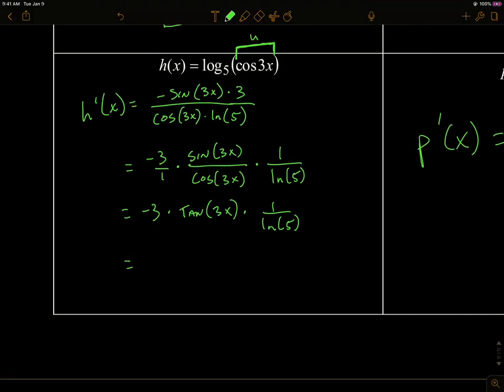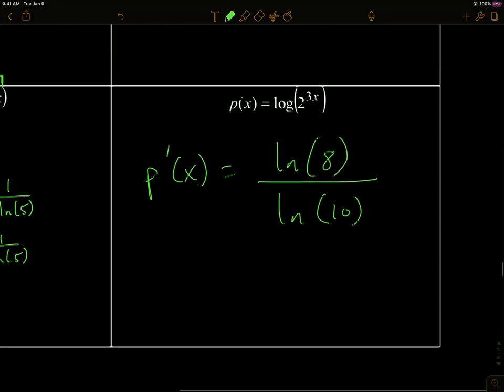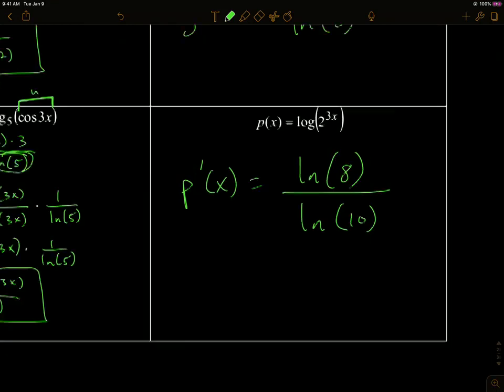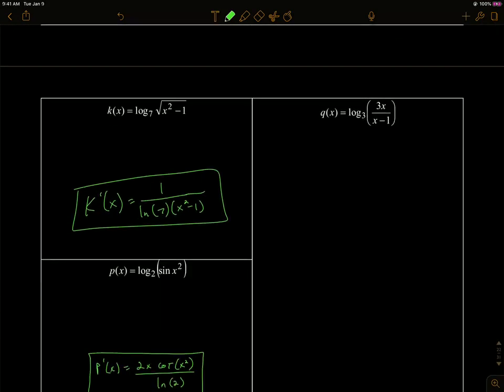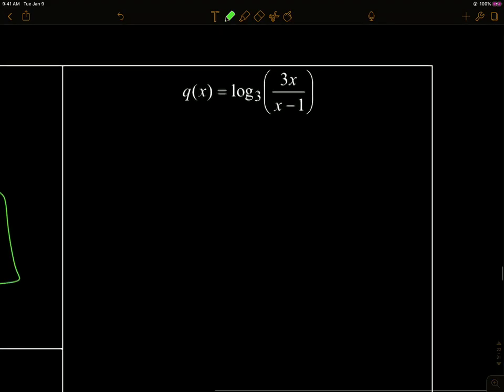So it becomes negative 3 tangent of 3x all over the natural log of 5. There are a couple different ways that you can write that, but I like this way, keeping in mind that the natural log of 5, these are just numbers when there's no x in them. Okay? So here's another one you can try on your own. A couple more you can try on your own. We're going to do this one together.